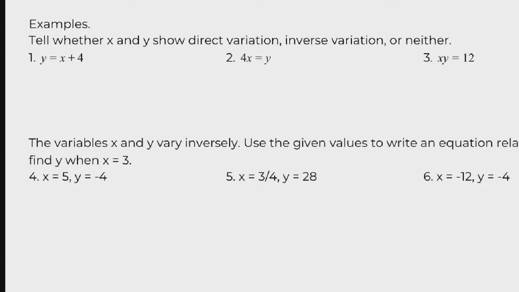For the first set of problems, we want to tell whether x and y show direct variation, inverse variation, or neither. So for either one, there should be either multiplication or division. For number 1, this would be neither because it's x plus 4. For number 2, we could rewrite this as y equals 4x, and since it's being multiplied, this would be direct variation.